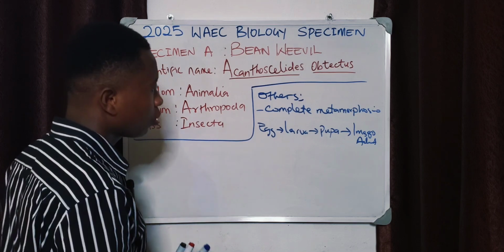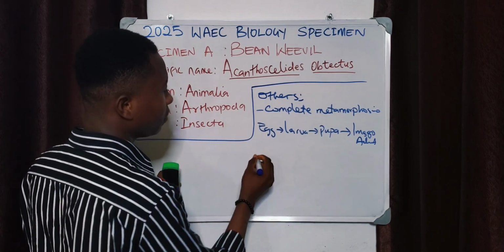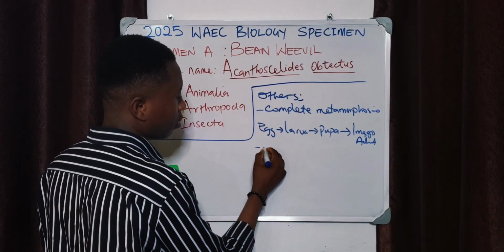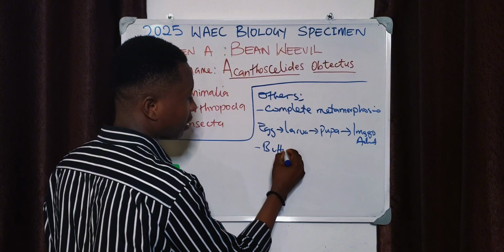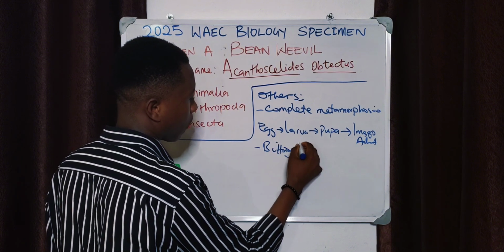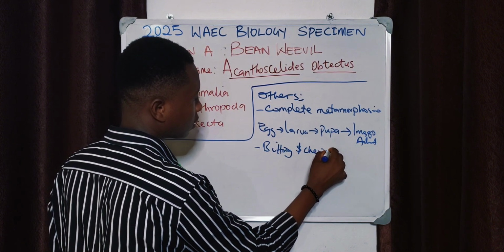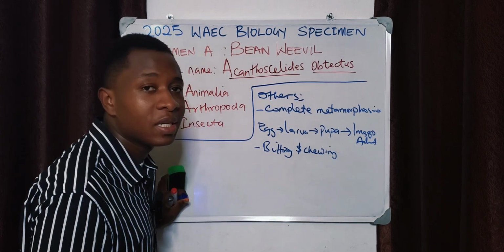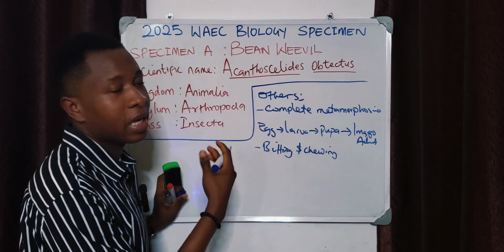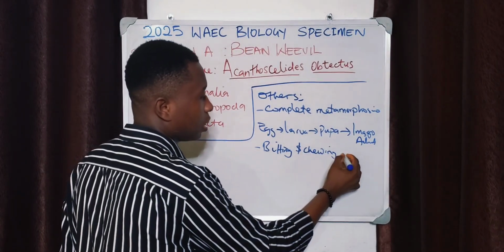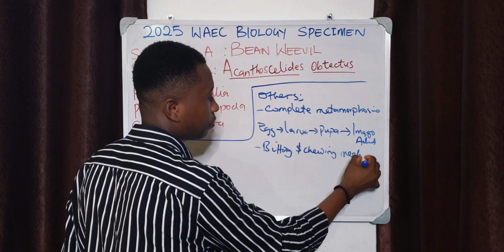Secondly, you also need to know that they exhibit biting and chewing mechanism. So in case you are asked, what kind of feeding mechanism does specimen A exhibit? It exhibits biting and chewing mechanism.